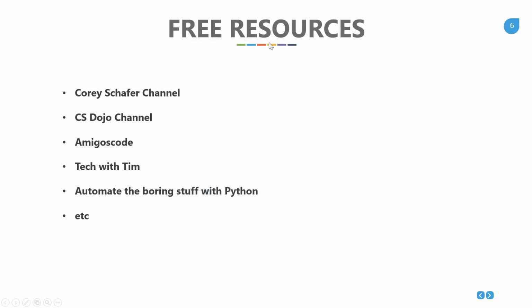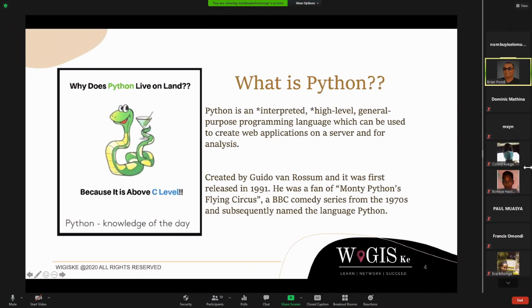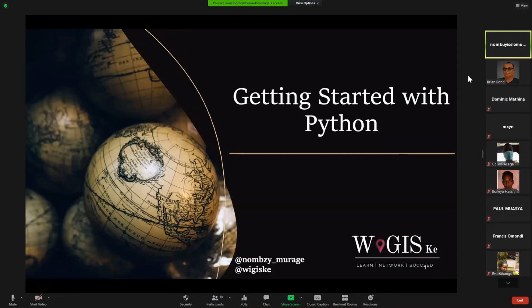I'm repurposing some slides and also promoting my platform as always. So yeah, I'm Nombu. As Pondi told you, I'm a Python programmer. I've been in the space of software development and now in data science. I really kept it simple.